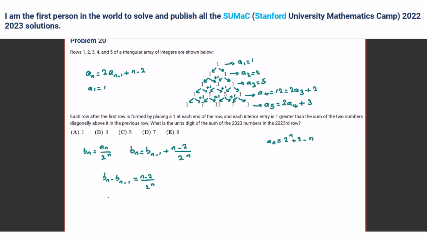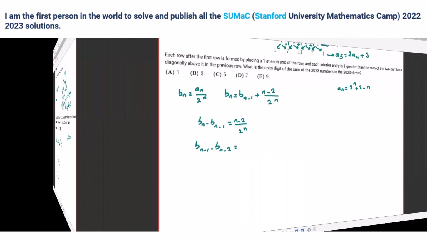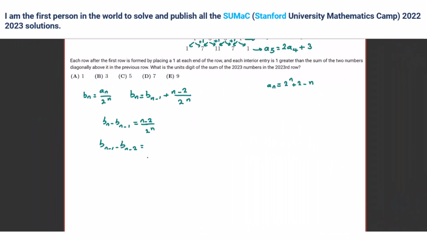What about B(n minus 1) minus B(n minus 2)? N minus 3 over 2 to the n minus 1. What about B(n minus 2) minus B(n minus 3)? N minus 4 over 2 to the n minus 2.